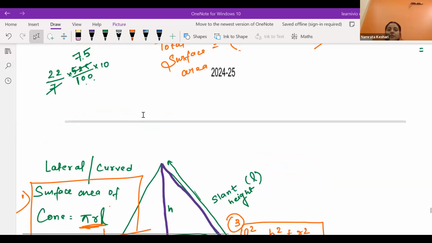Total surface area is 1244.571. Okay. Afrin has got 1244 plus 0.571.